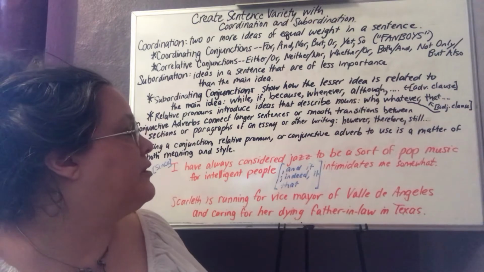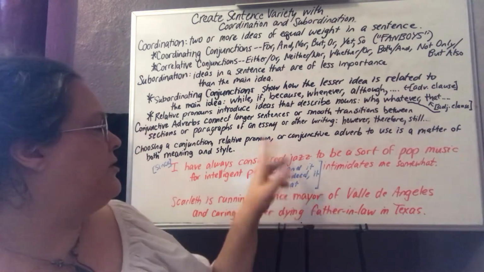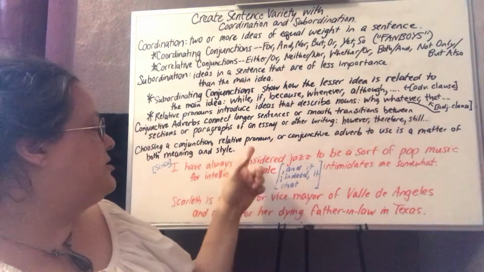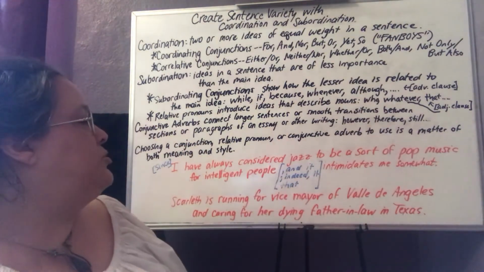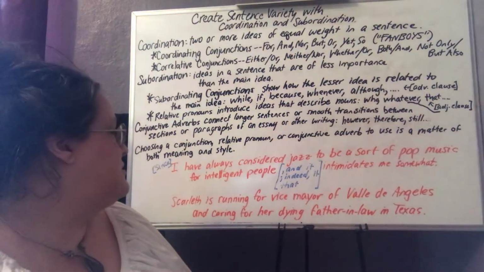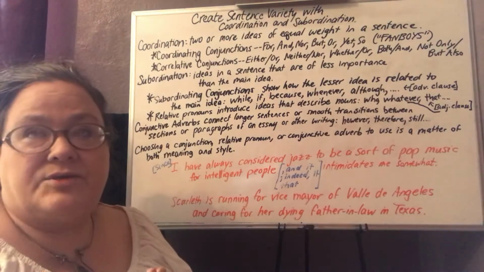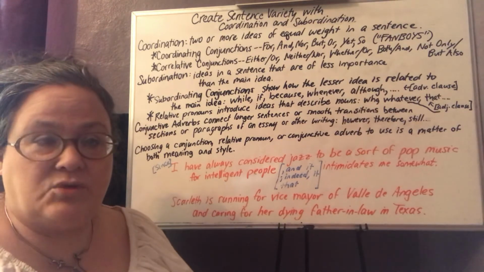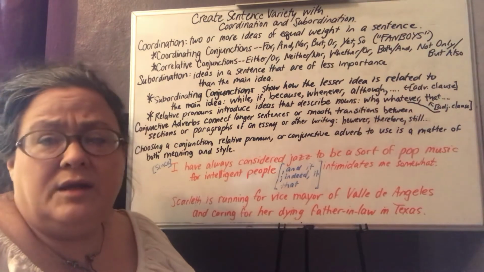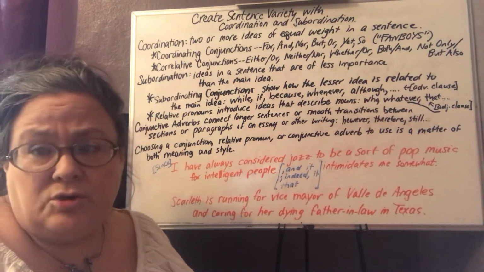I'll look at one of those down here. Choosing a conjunction, a relative pronoun, or a conjunctive adverb to use is a matter of both meaning and style. Like I said, it shows relationship between ideas, and it gives a different feel to your writing, whichever one you choose.